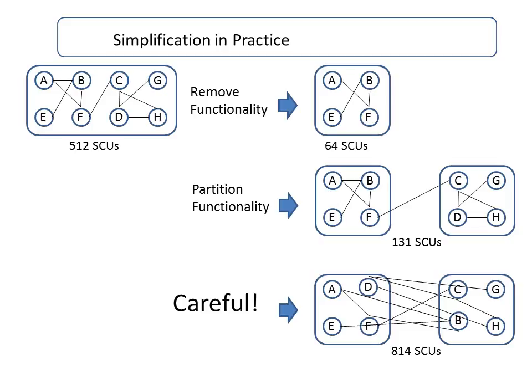We have exactly the same amount of functional complexity, but now the increase in dependency complexity has completely swamped the decrease in functional complexity. So we have a net increase in complexity from where we started with 512 SCUs in the unpartitioned system to 814 SCUs in this newly partitioned system. So we've actually made this situation much worse from a complexity perspective by doing the partitioning.